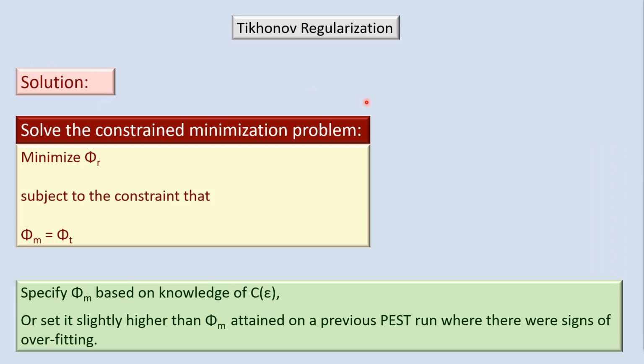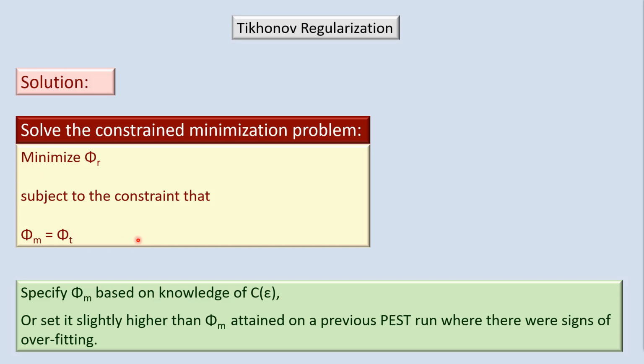Fortunately, this problem can be solved fairly easily if we redefine the inversion problem. And we redefine it as a constrained minimization problem. We say that we want to minimize the regularization objective function subject to the constraint that the measurement objective function is a value which we supply, which I'm calling phi t, a target measurement objective function.